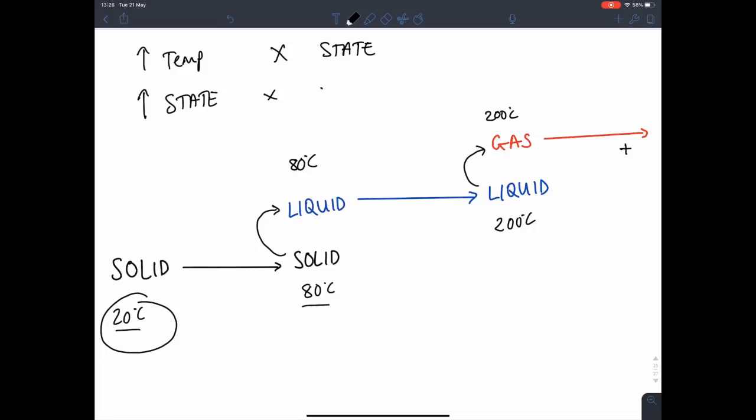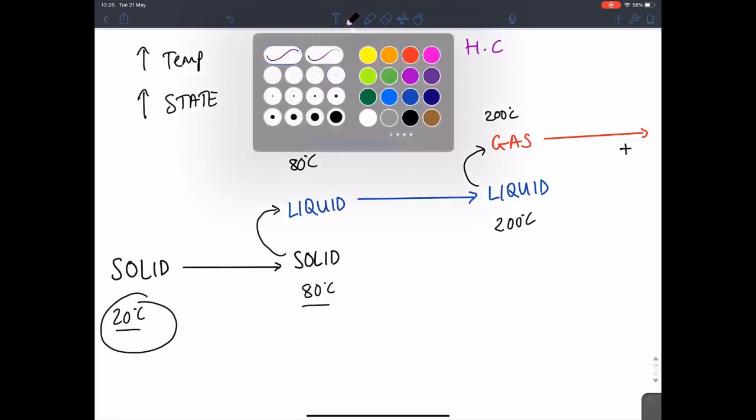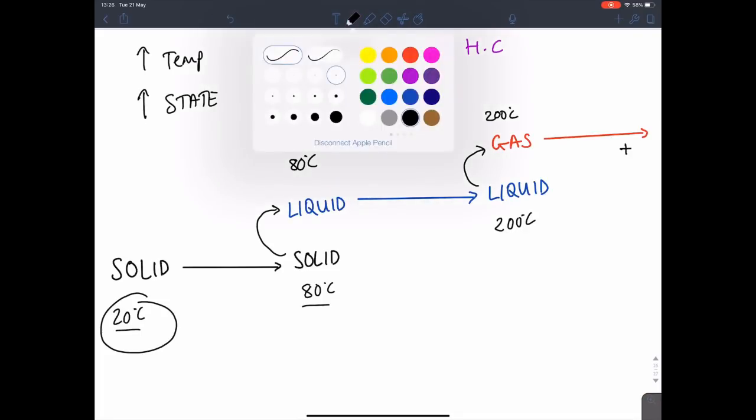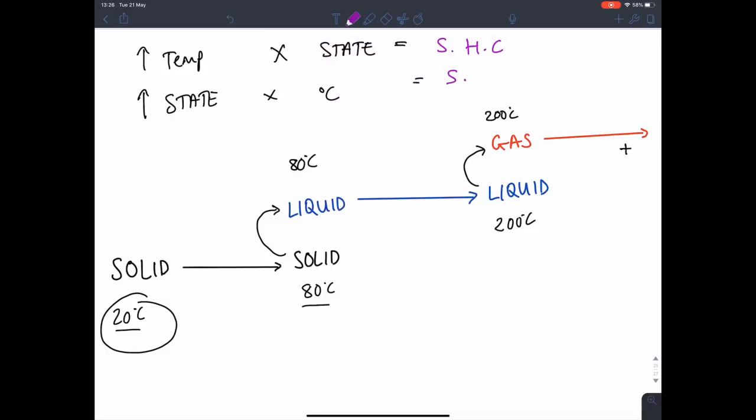When you increase temperature but don't change state, this is known as specific heat capacity. When you change state but don't change temperature, that is called specific latent heat. Those two words have different meanings. Make sure you don't get confused between them.